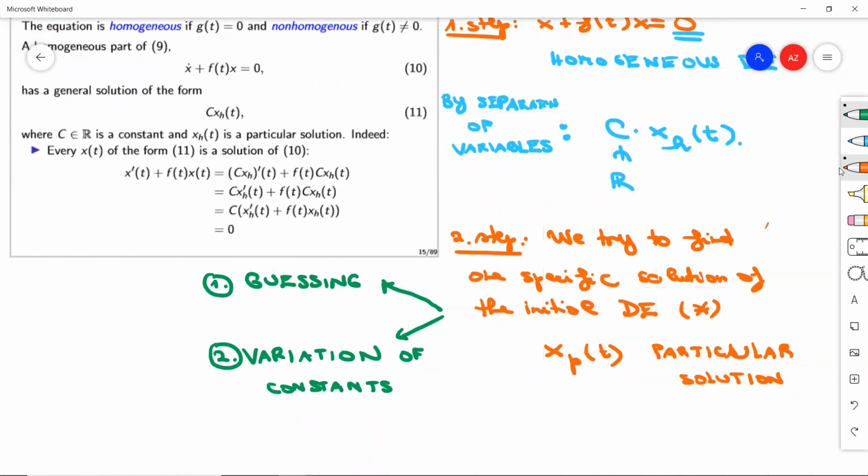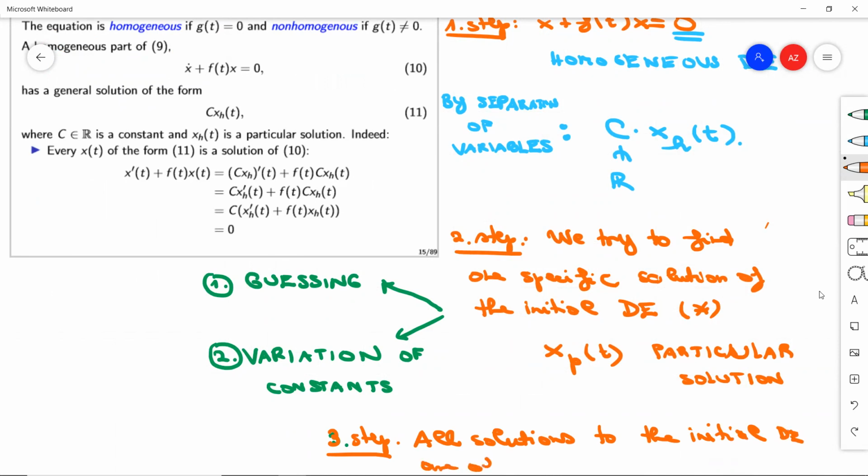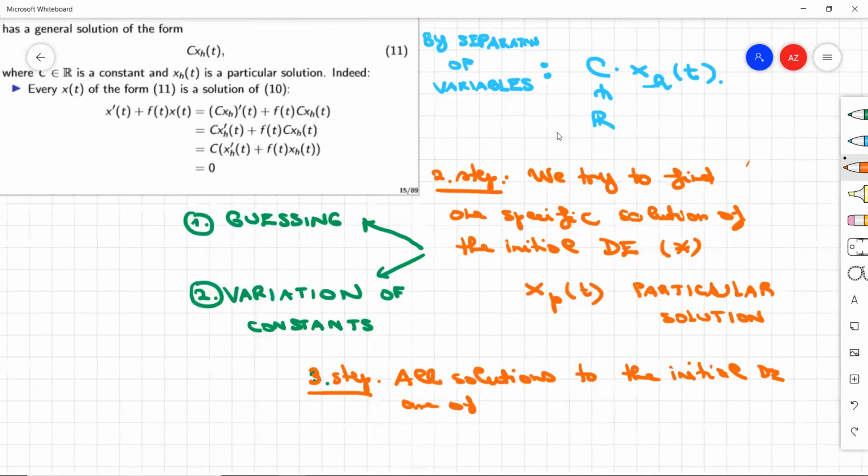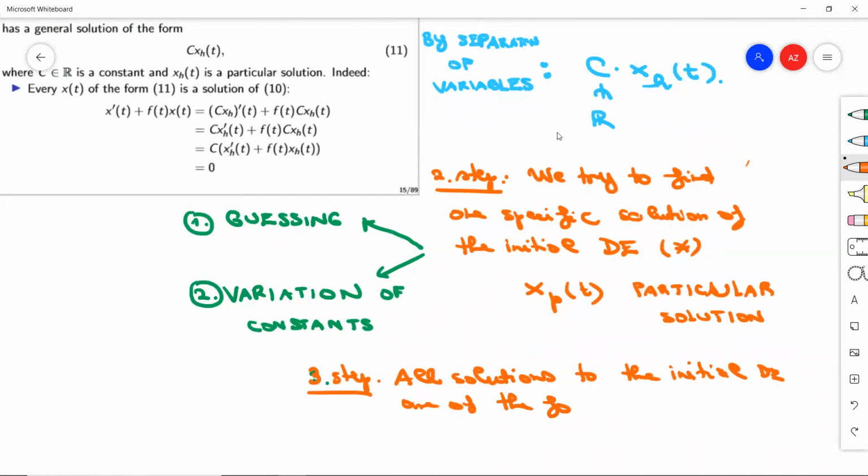Okay, and once we have the first step and the second step, then in the third step, all solutions to the initial DE are of the form x of t is a homogeneous solution plus a particular one.